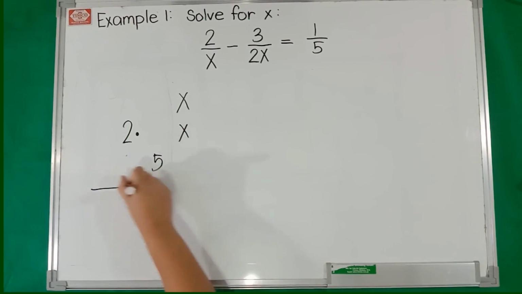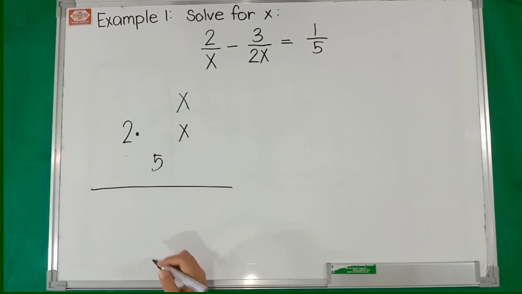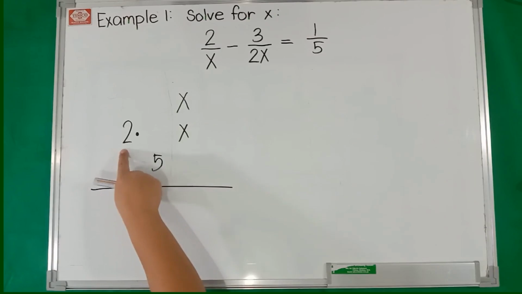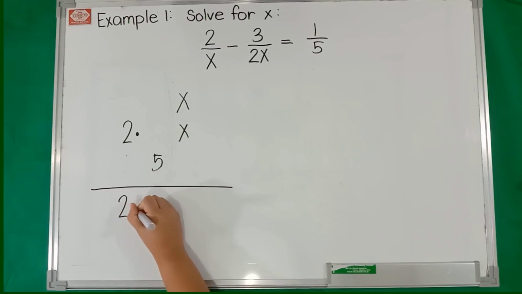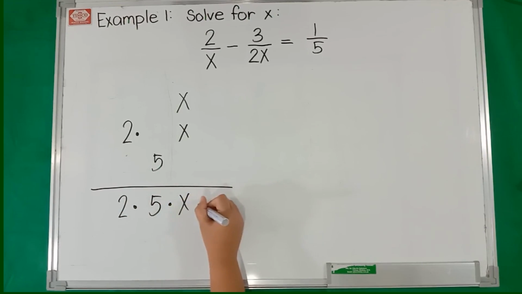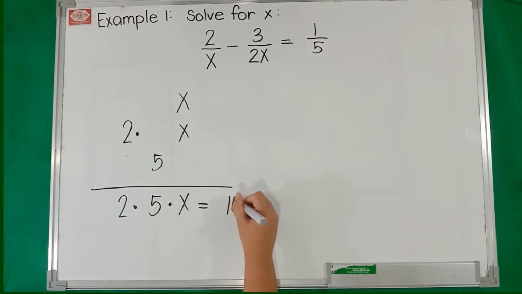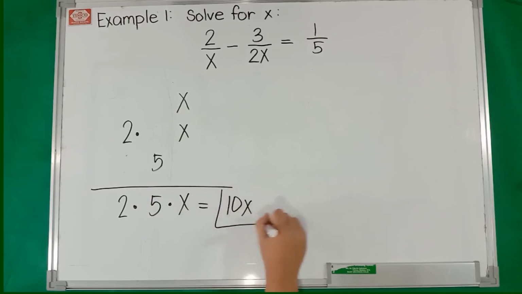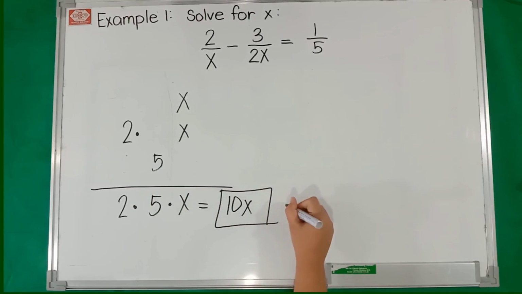So that if you were going to write it down, 2 times 5 times x, which is a representative of the variable. 2 times 5 times x is 10x, and that is our LCD.